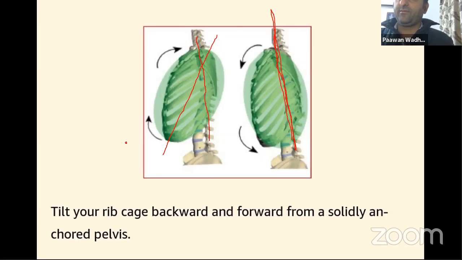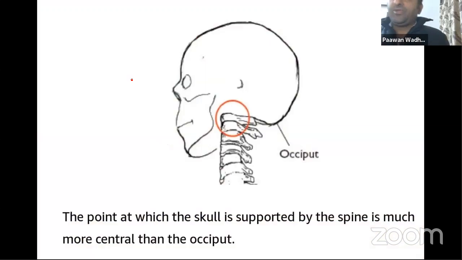Now the thing is about the neck. So many people have neck problems. The point at which the skull is supported by the spine is much more central than the occiput. Now here you see, the spine is not connected here.